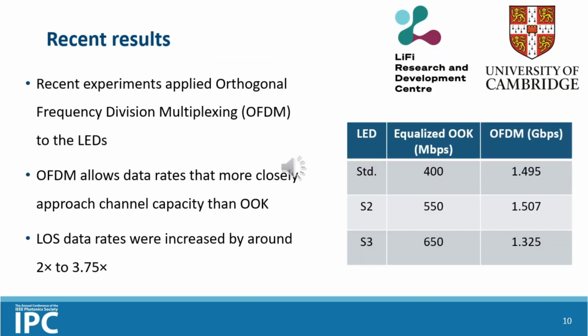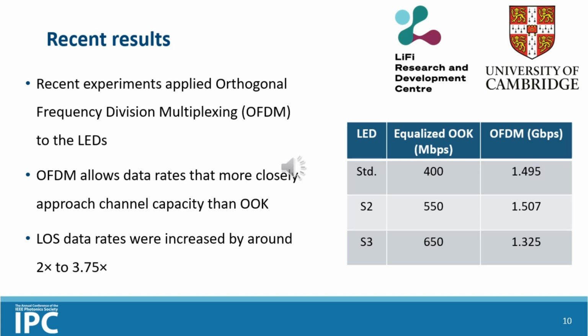Here we show a slide summarising recent results obtained through collaboration with Professor Harald Haas's team at the University of Cambridge. For this work, we applied orthogonal frequency division multiplexing, or OFDM, to the LEDs. OFDM is an approach that is more spectrally efficient than on-off keying.